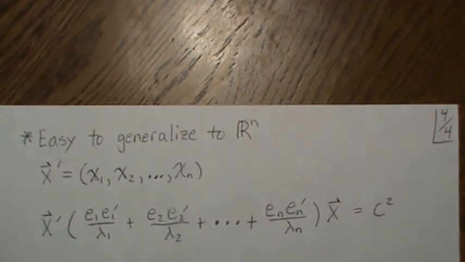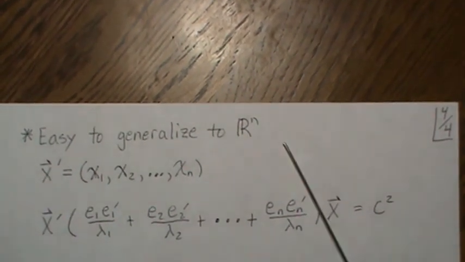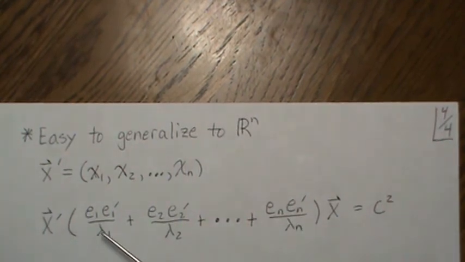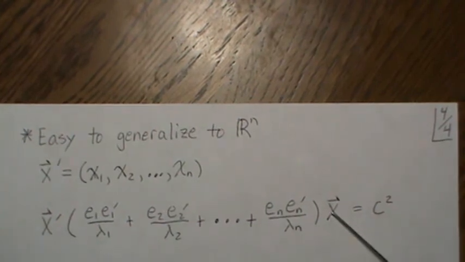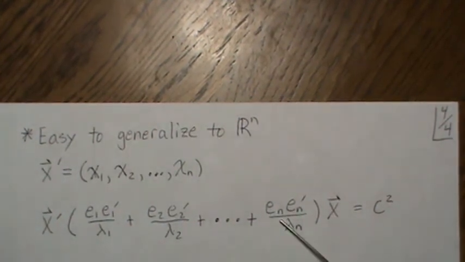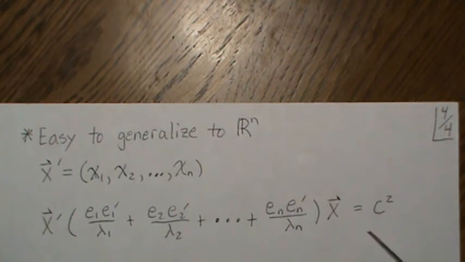So let's say we have a vector in n-space. Then if we know the rotated axes, E1, E2 through En, now they all have to be orthogonal to each other, right? Because the axes x1, x2, x3 are all orthogonal, so we need these to be orthogonal. Then this is an ellipse in n-space. And actually it's a rotated ellipse.